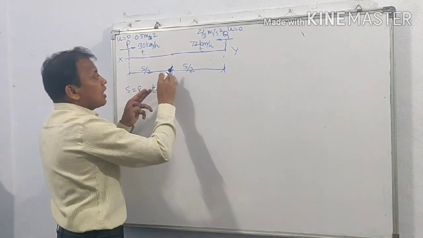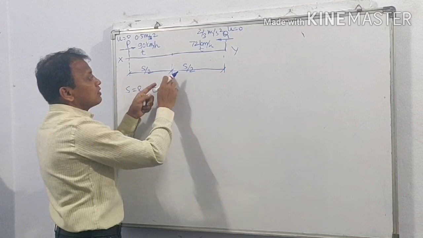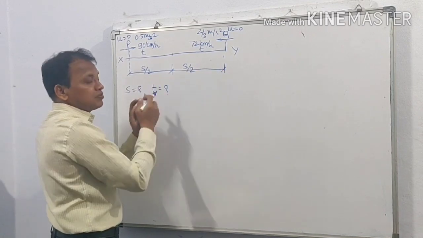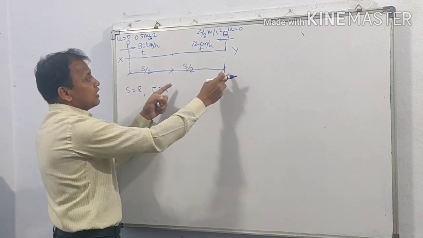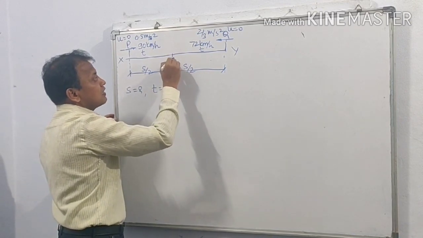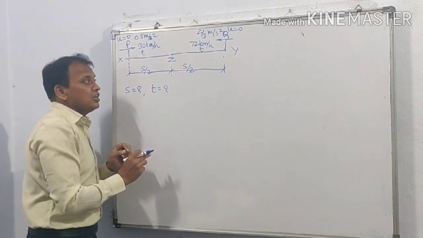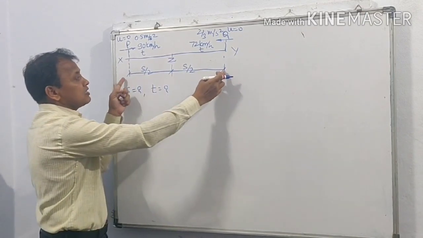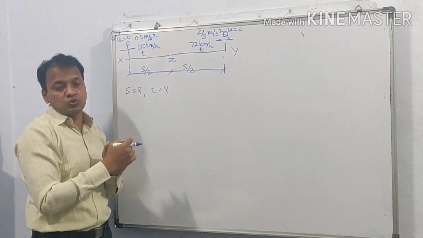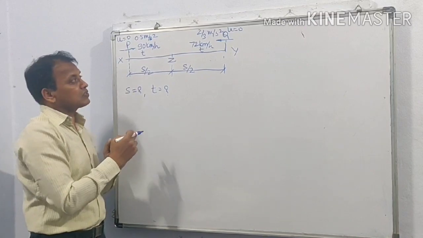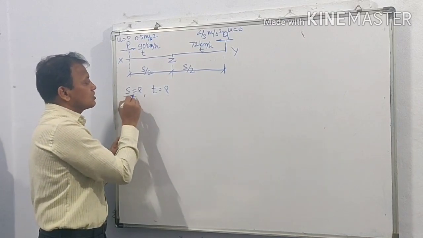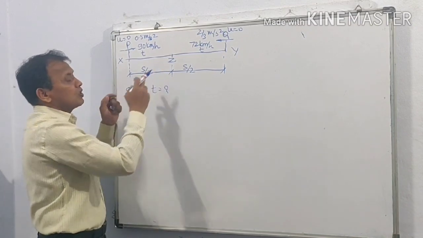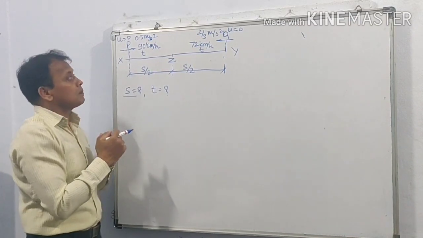Both trains are crossing each other at midway, means exactly half of the distance, that is S by 2 and S by 2. They are crossing at Z, where distance is S by 2 and S is distance between these two stations. So we are asked to calculate distance between two stations and time required for trains to cross.